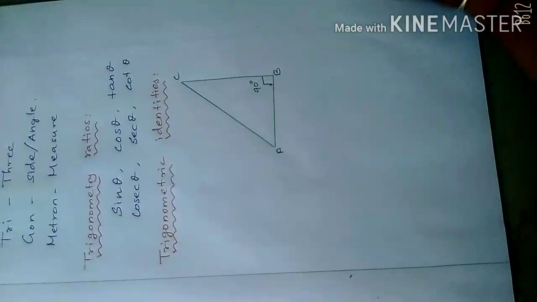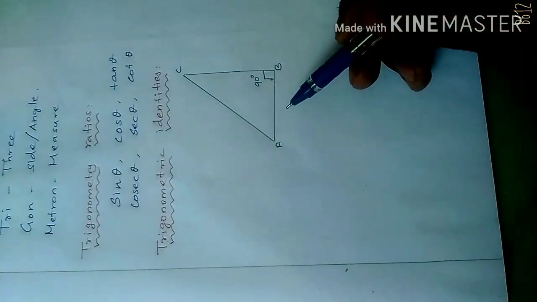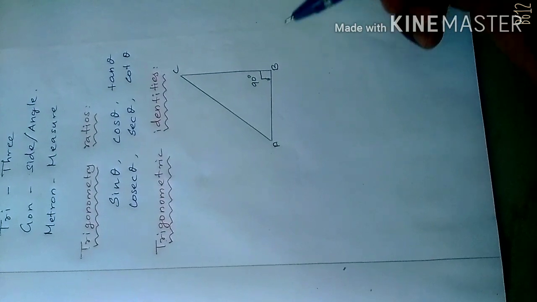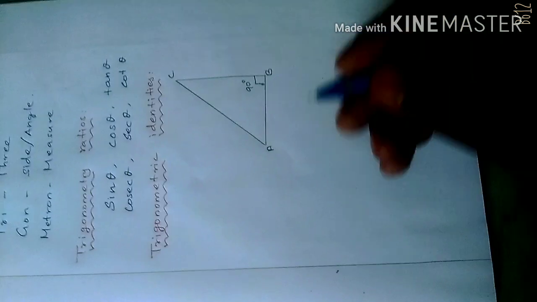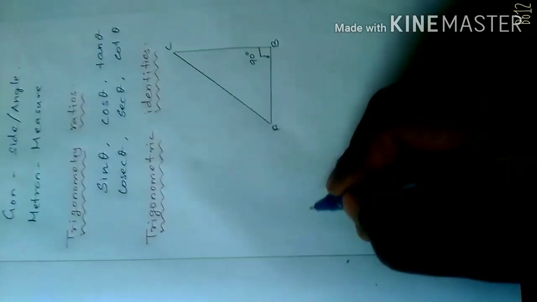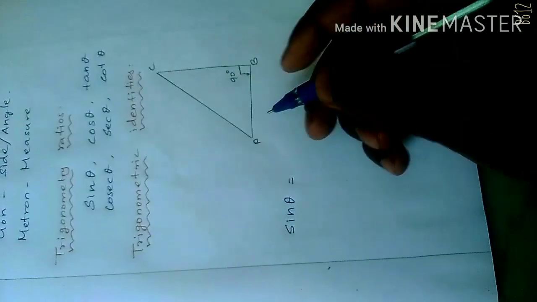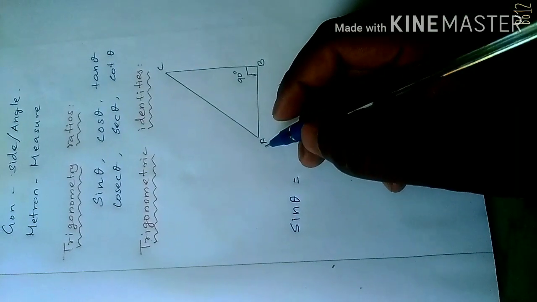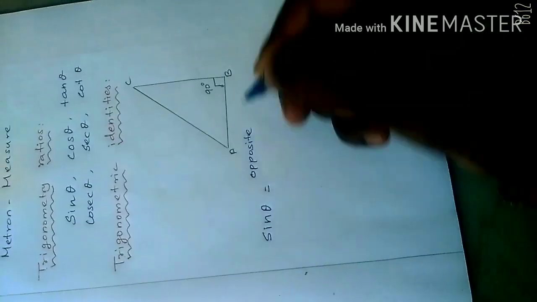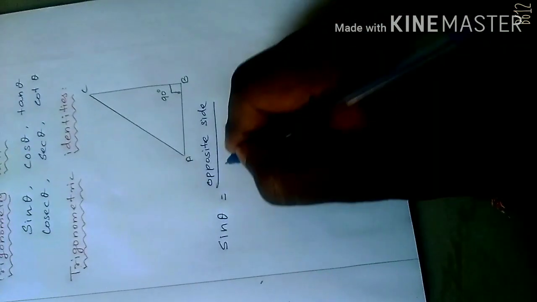Next we are going to see trigonometry identities. Here is right angle triangle ABC. Always we are going to use only a right angle triangle here. The sin theta identity is very important, so listen carefully. Sin theta is equal to opposite side by hypotenuse.